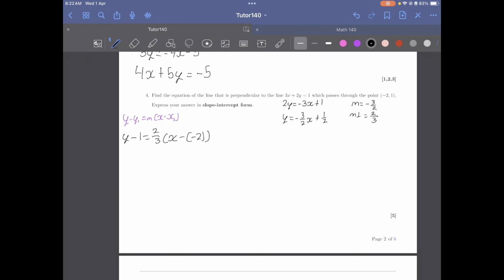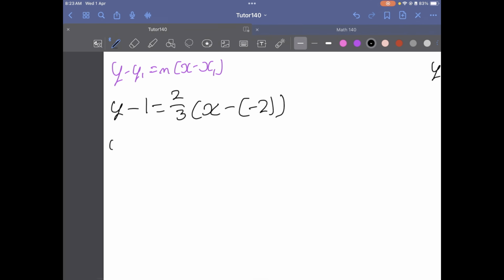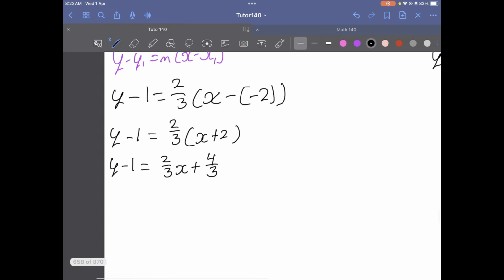A lot of students just make that mistake and just put -2. You have to put the open bracket, minus -2. y - 1 is equal to 2/3, and we're just going to simplify it. (x + 2). y - 1 is equal to 2/3 x + 4/3.